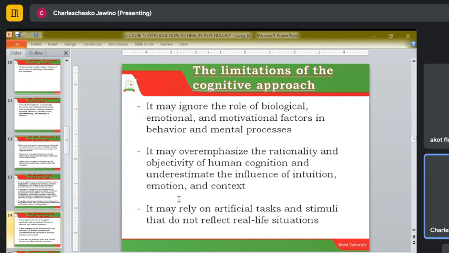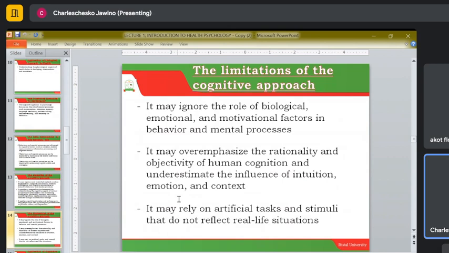I gave you an example of the testosterone hormone. In case you have lower levels of it, we saw that it can cause sexual dysfunction. The cognitive approach tends to show you that such cases are not so important in psychological assessment. That becomes a limitation.